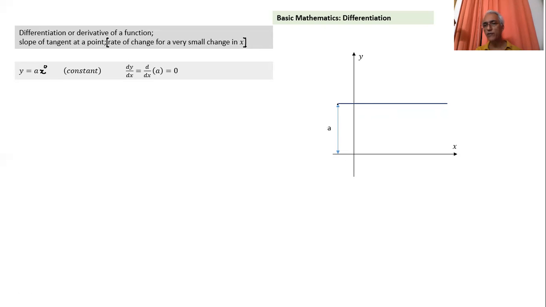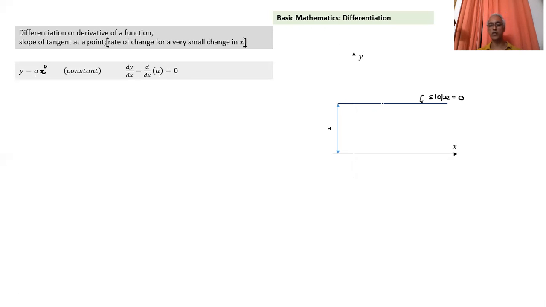See here, what is the slope? It's a straight line, and the slope at all points is equal to 0. If the slope is 0 at all values of x, it means its derivative is 0. So the derivative of any constant is 0, which also means that if the function is constant, it is not changing with a change in x. As x changes, the function does not change.